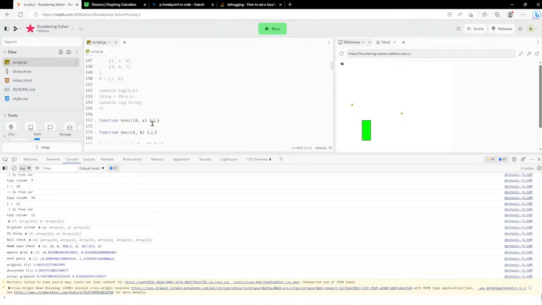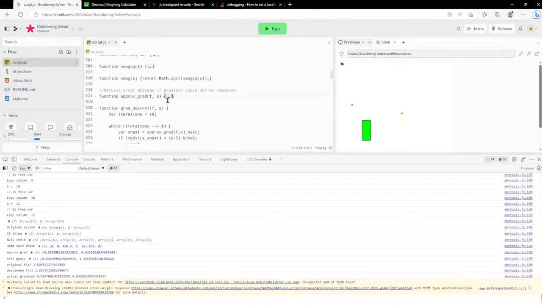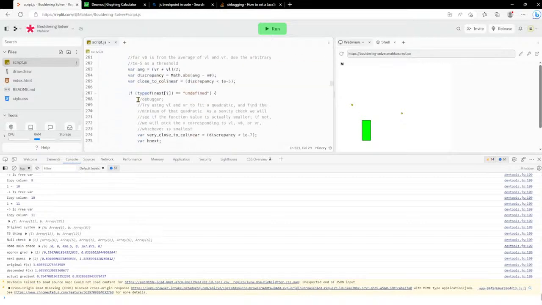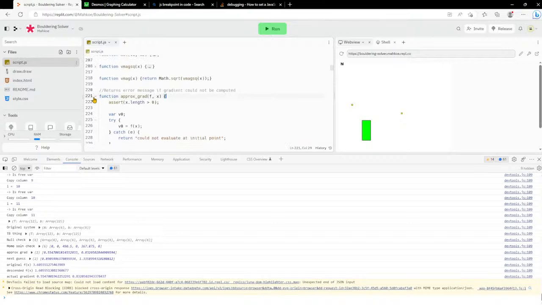Also, let's comment out that debugger call. Oh, it is commented out. And also, let's put a debugger call in here. Great. Go.